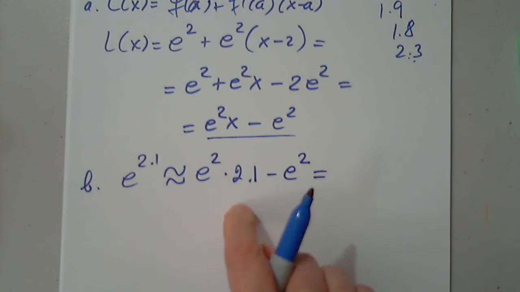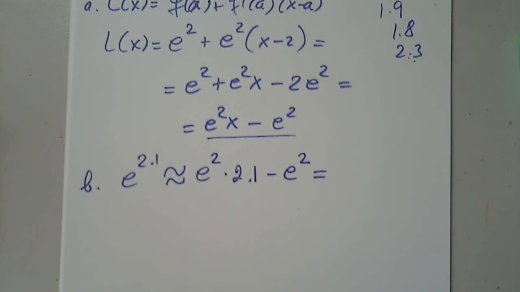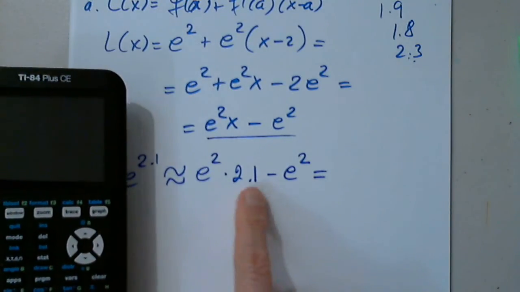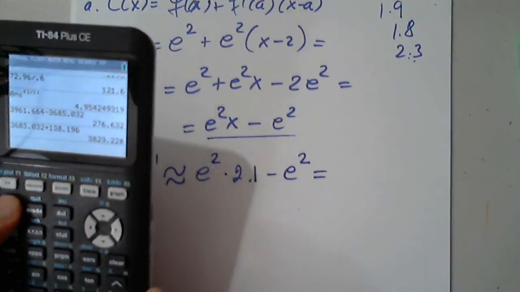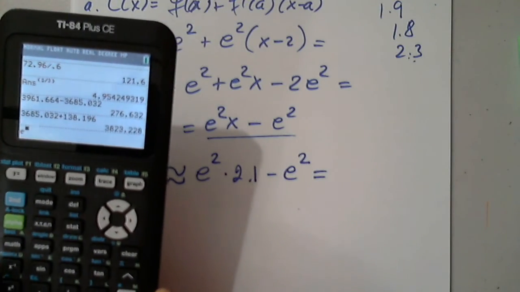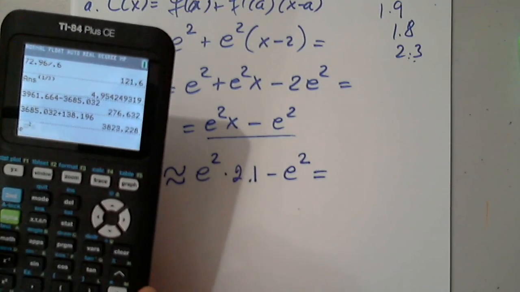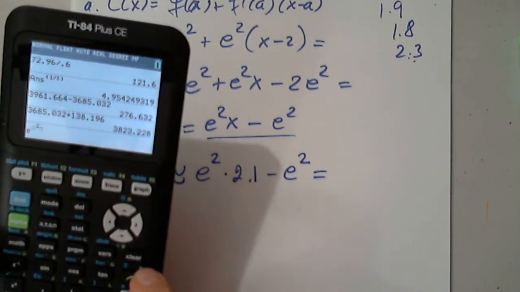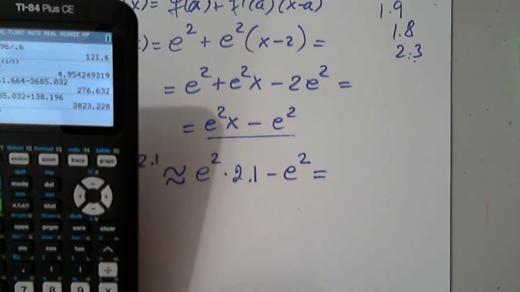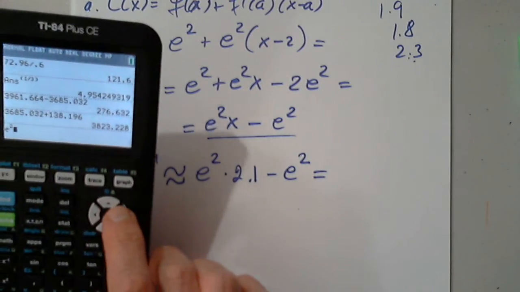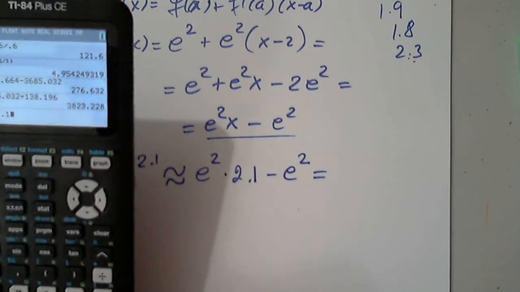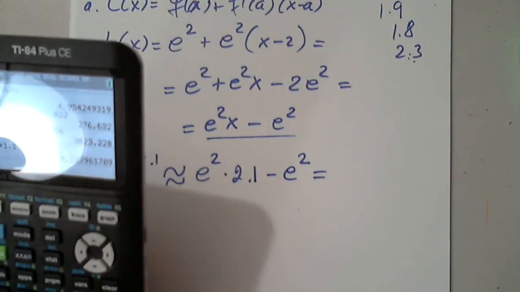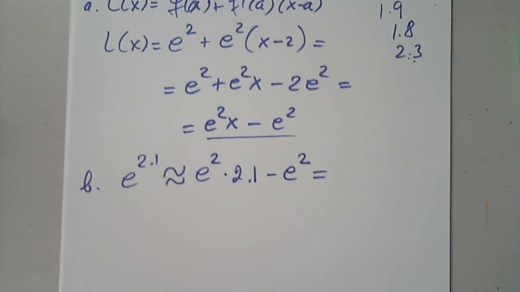Now this equals, because I'm going to punch it in the calculator, and this is 2.1 minus 1, so it's 1.1. So it's e squared times 1.1. So I got 8.13 approximately.